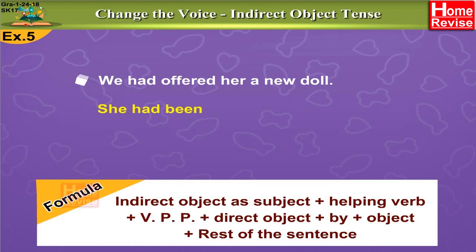She had been. Since it's a perfect tense and a passive voice, we have to use had been in the sentence. So she had been offered, the past participle of the verb offer, the direct object, a new doll, by whom? By us. So your answer is: she had been offered a new doll by us.